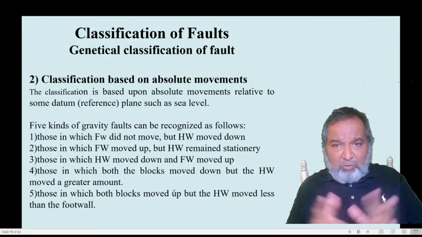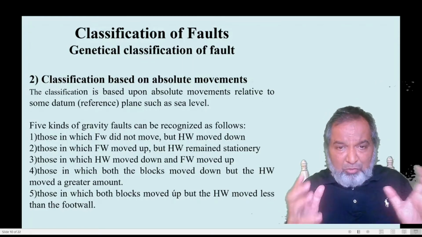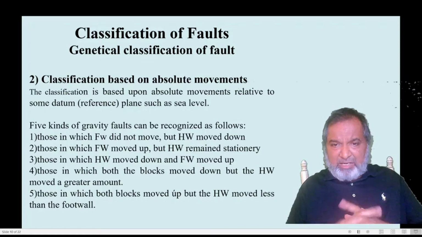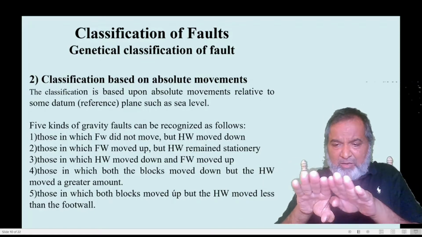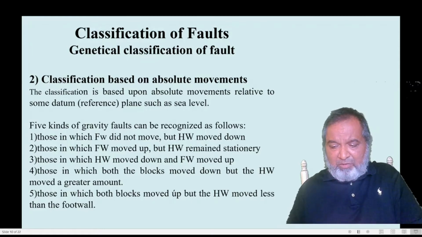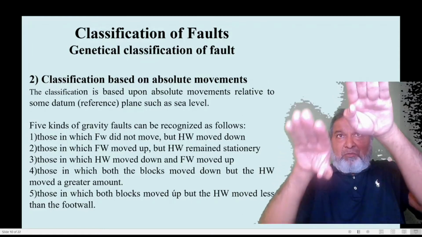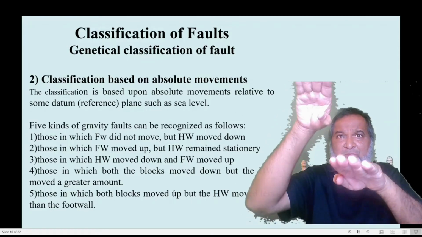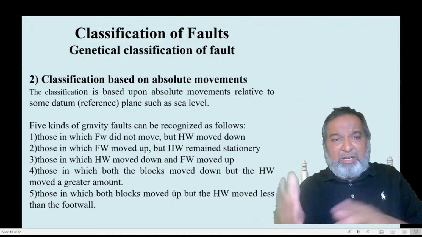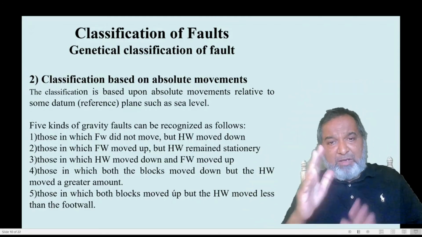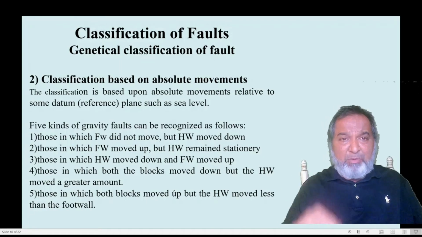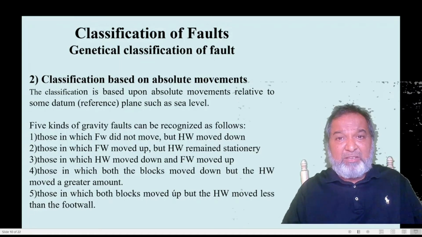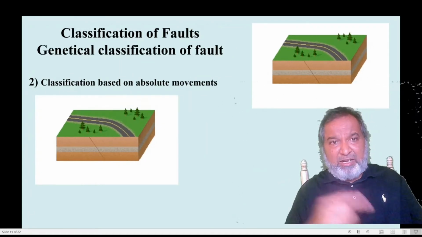So this is what we have, the relative movement which has taken place. In addition to this, both will be moving: both are going down, hanging wall very fast, or both are going up, footwall fast, or hanging wall goes fast and both go out. So that will be the relative, but these are the main movements which have been taking place, and these are the absolute movements.